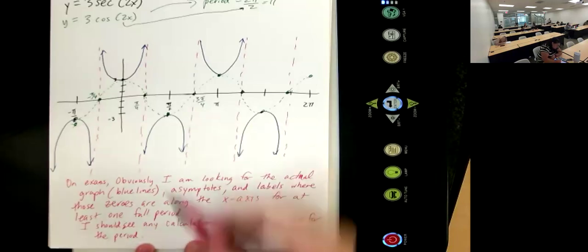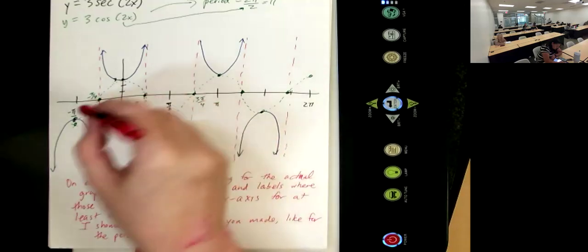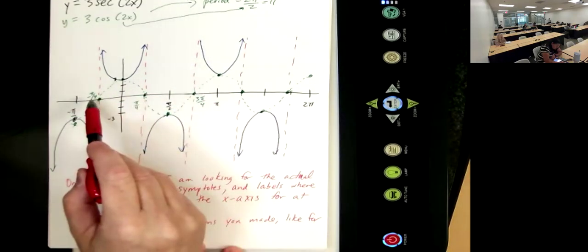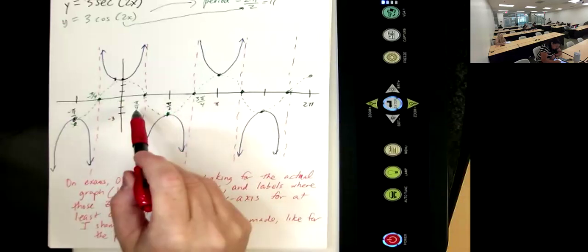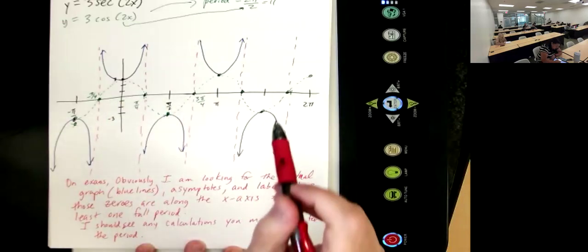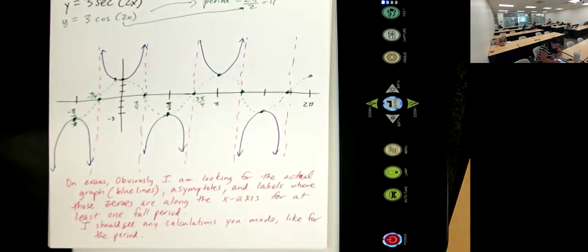You're not gonna be able to do this individual one. But you should be able to show me where your period is and then label. Notice I have negative pi over 4, I didn't label 0, but 0 is kind of obvious. Pi over 4, pi over 2, 3 pi over 4, pi. I've got enough to show the period at least once.